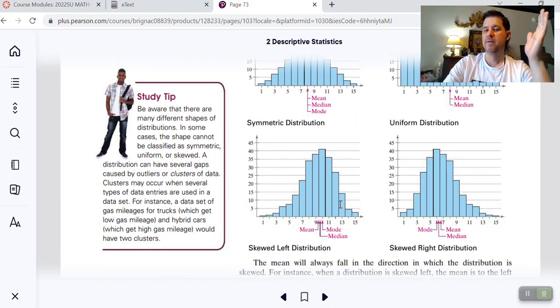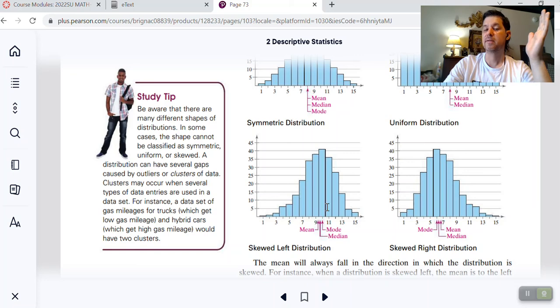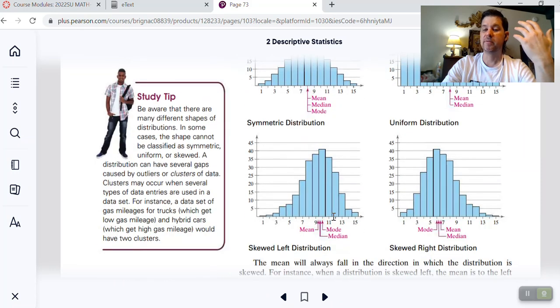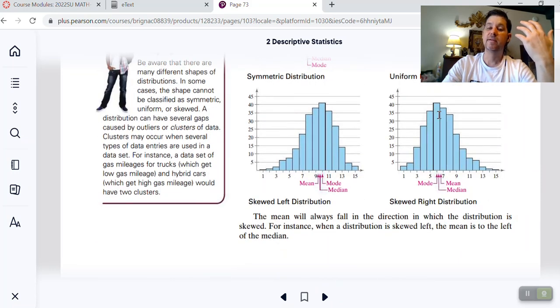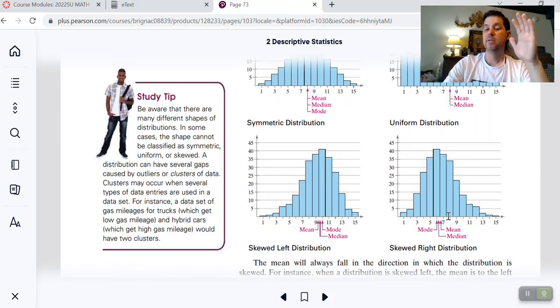Imagine you took the middle, the peak in the middle, and moved it over here. That's called skewed left. Or imagine that you took what would be the middle of the symmetric distribution and moved it over here. That'd be skewed right. Okay, now those are the different shapes of frequency distributions.